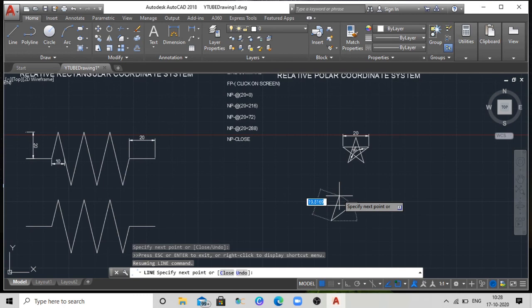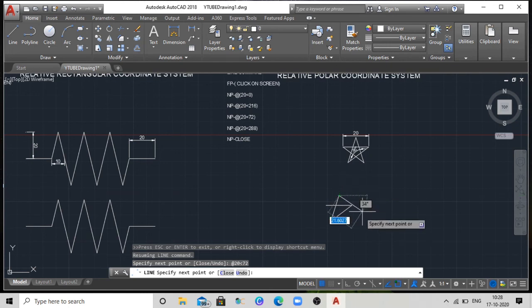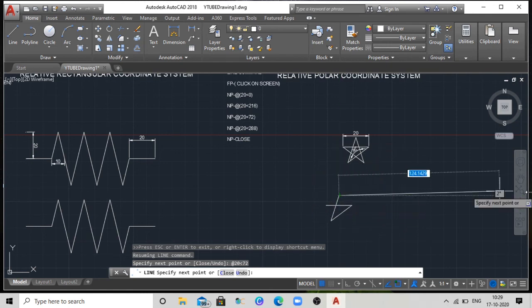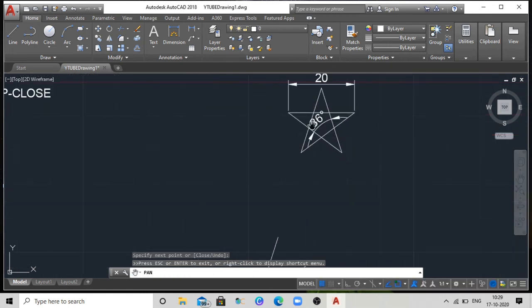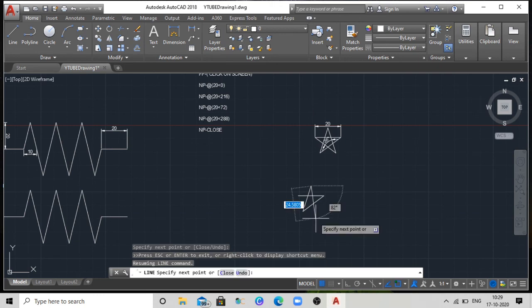Again shift @20<72, as this angle will be 72. This total angle will be, because half the angle is 36, so 36 plus 36 is 72.